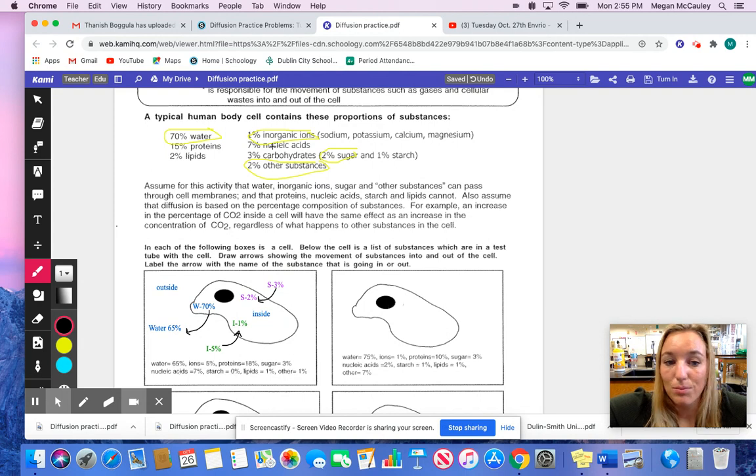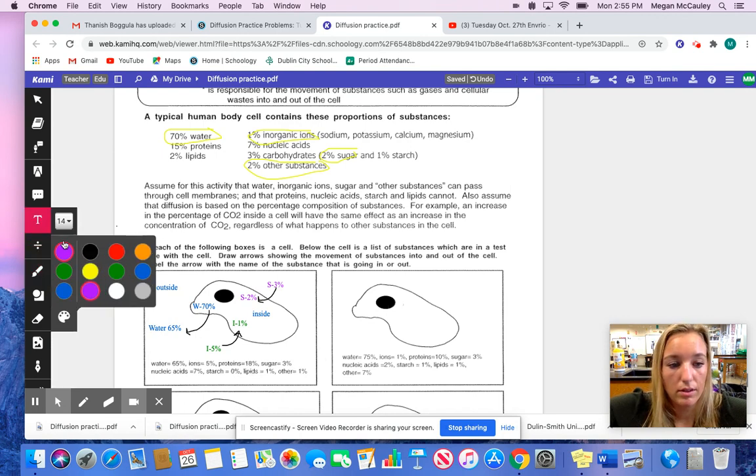Nucleic acids. We did not circle that up here. Nucleic acids is the next one, but it's not able to pass the cell membrane, so we don't have to worry about it. Starch. Can starch pass the cell membrane? Nope. Lipids? Nope. Other? Yes. So other is the last one we need to do. Let's do that in red.